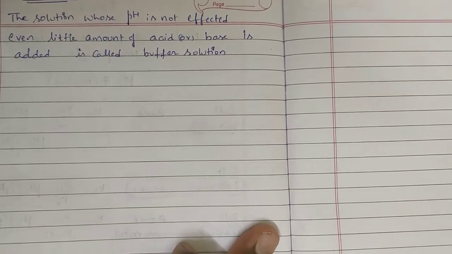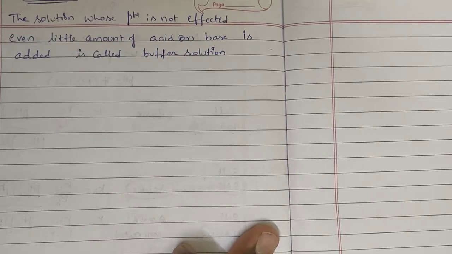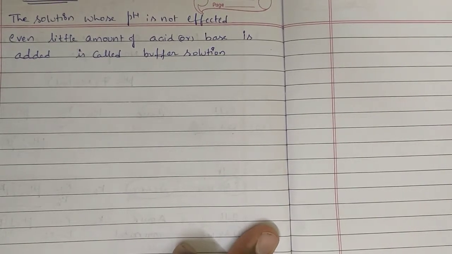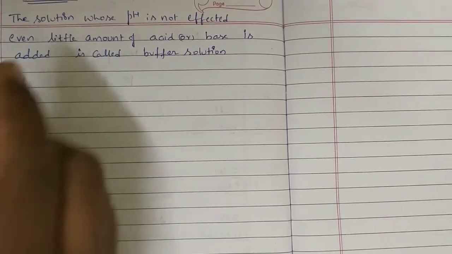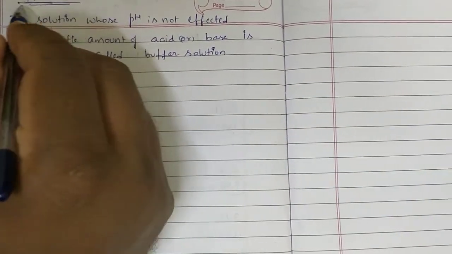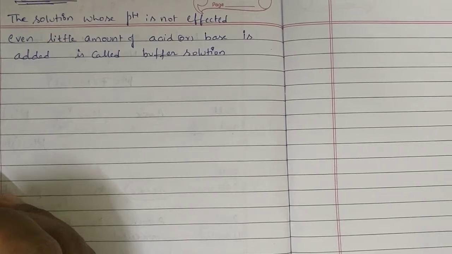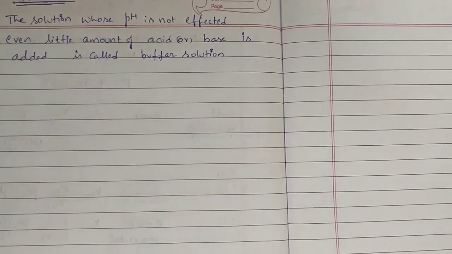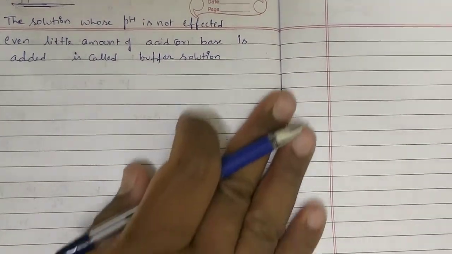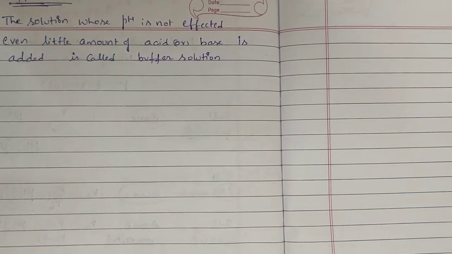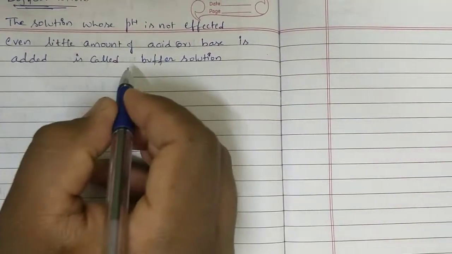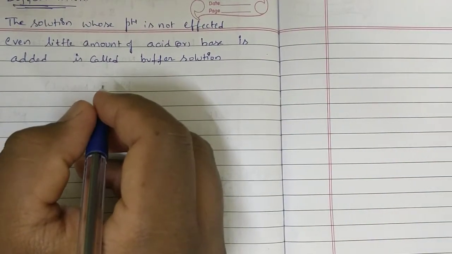But this type of solution, even if we add a slight amount of H plus ions or OH minus ions from outside, their pH will not be affected. That type of solutions are called buffer solutions. Once again, the definition: the solution whose pH is not affected, even when a little amount of acid or base is added, is called a buffer solution. Okay.